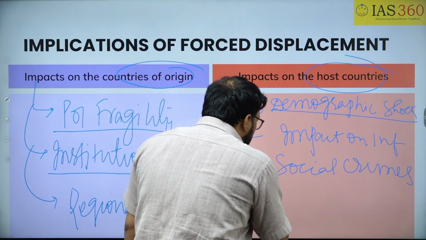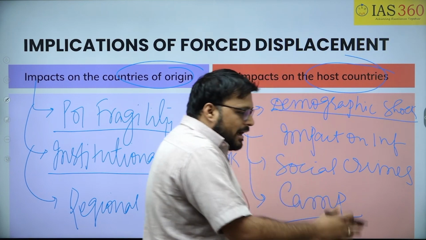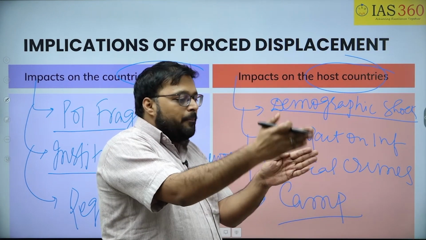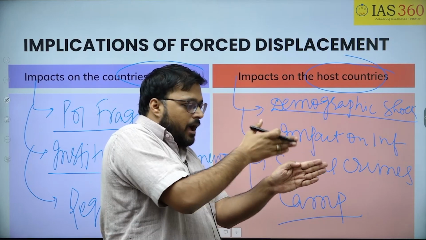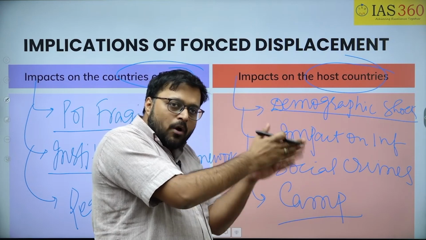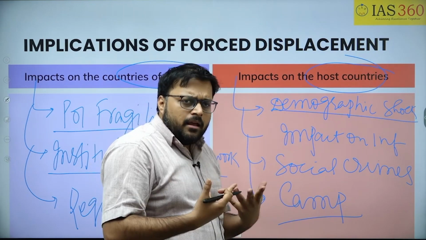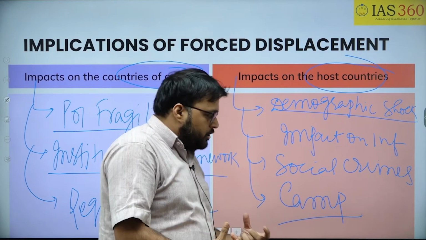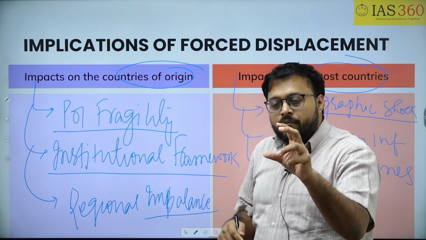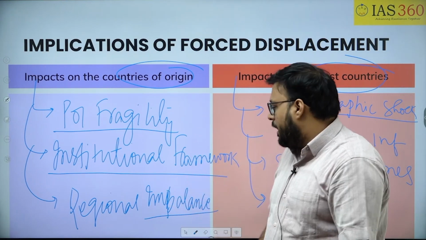Then also, if a camp has been settled at the border of the country, for example, this is the border, people have migrated from this area to this area, then this area becomes very vulnerable, because it can be exploited by the political parties of this region or by any groups having vested interest. So camps become a kind of vulnerable area from where people can be hired for terrorist activity, for organized crime.